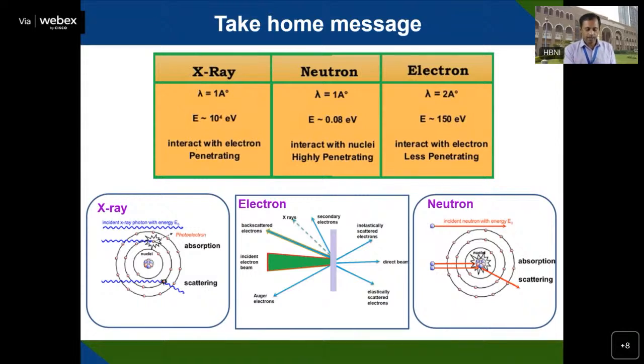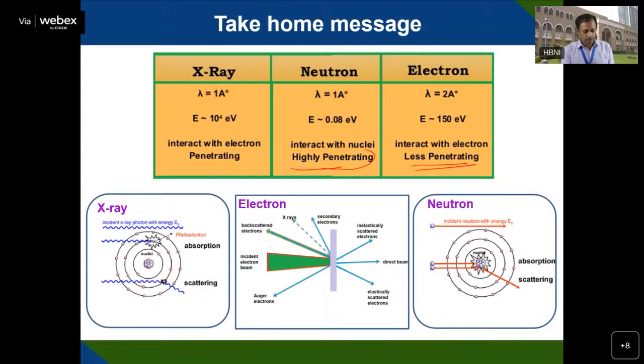X-rays mainly interact with electrons and are highly penetrating. Neutrons interact with the nuclei and have much higher penetration because they have no charge. Electrons mostly interact with electrons but are much less penetrating.